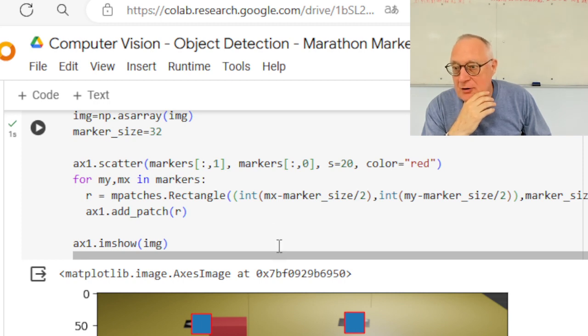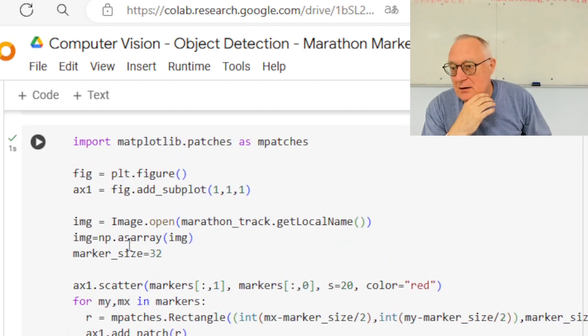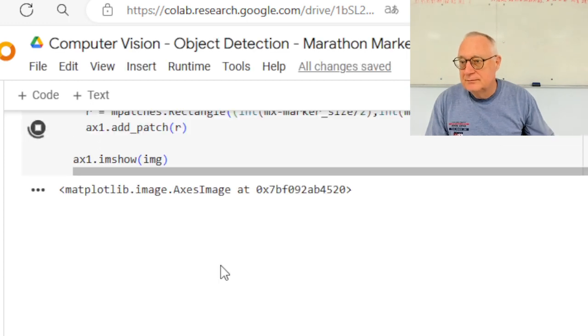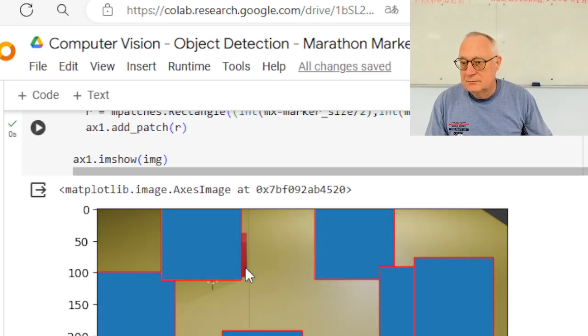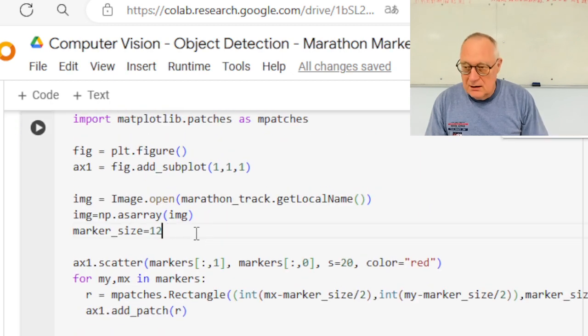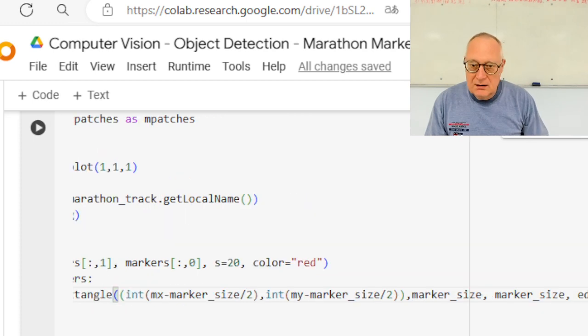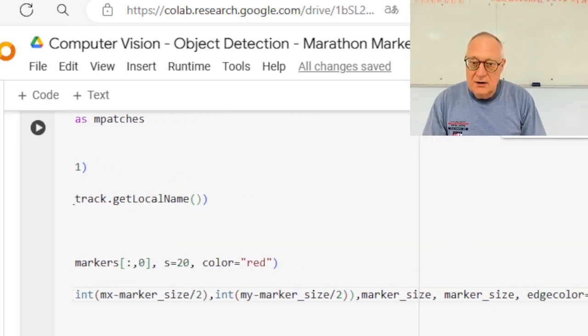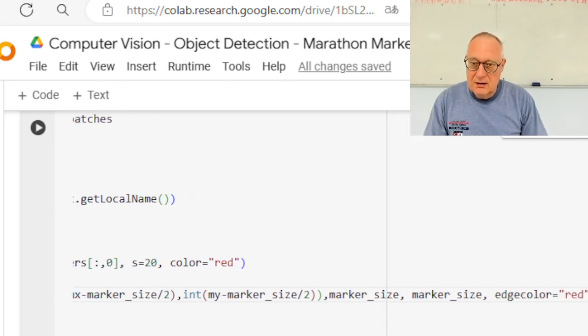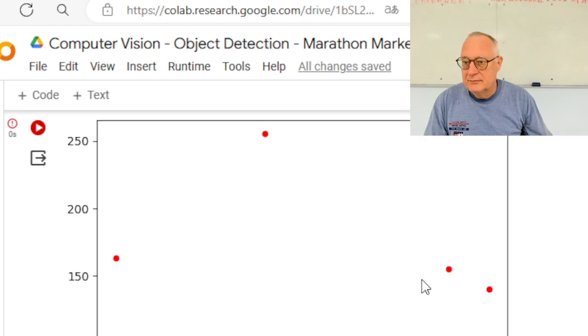Quite a bit too small here. So let's make that 128. Okay. Too big. And fill color is equal to none.